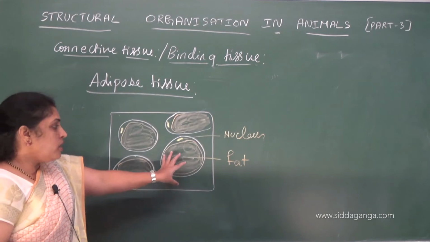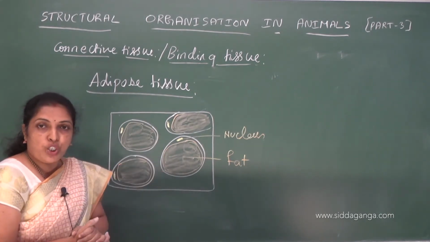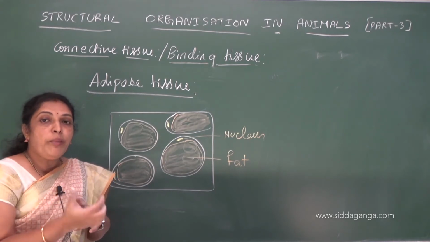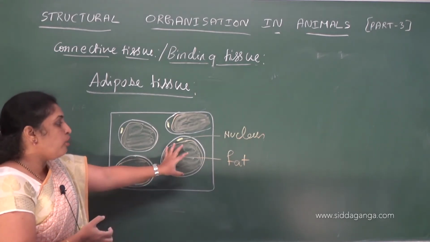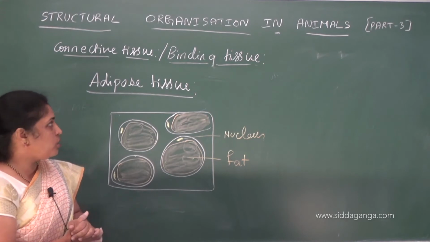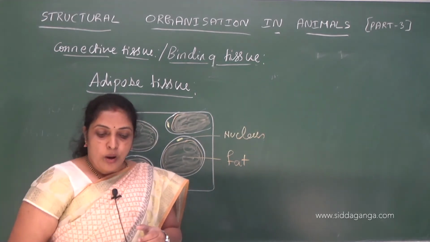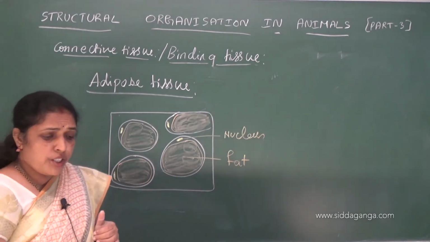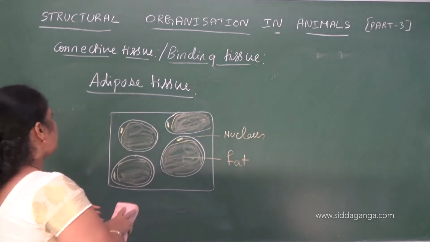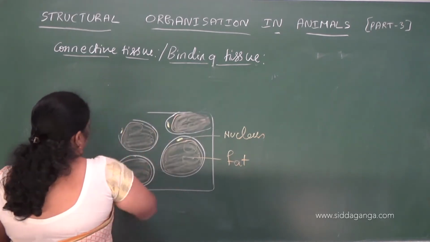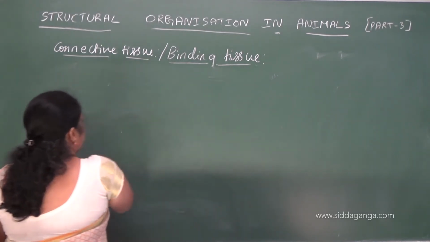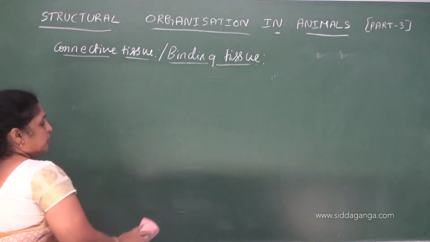Understood? So what is going to be stored inside the adipose tissue? Fat. The unused glucose molecules will be converted into fat and stored in adipose tissue. It is also present beneath the skin. This is about adipose tissue. Between the adipose cells we can see the matrix or ground substance.